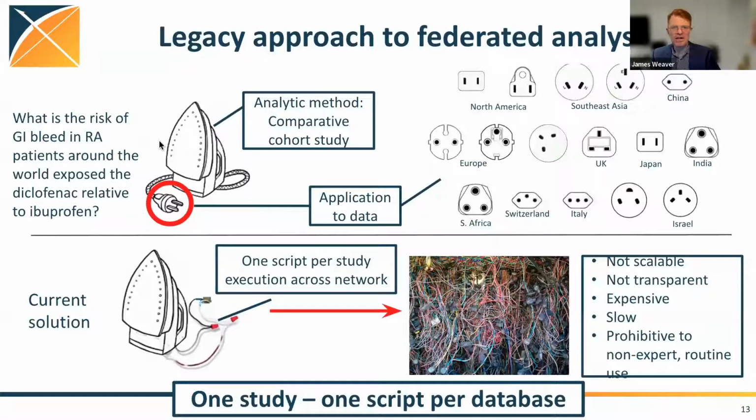The plug represents how you would apply the design to disparate data sources, and by finagling the plug for each data source, you can specify the design to run against each, but the solution's not scalable. It's opaque, it's resource intensive, slow, and prohibitive to non-expert routine use. So this amounts to an individual rule system per database.